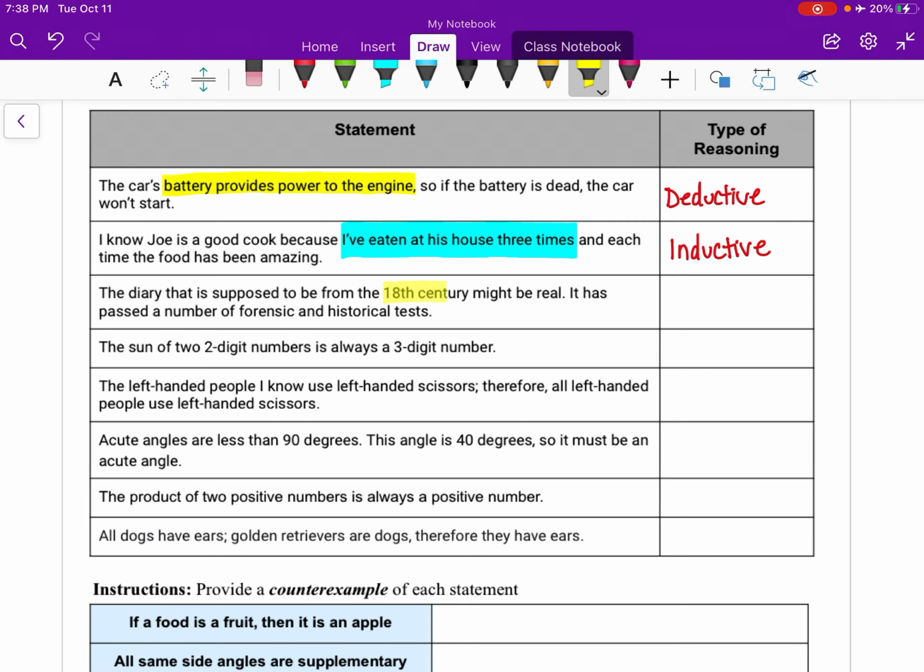This diary is from the 18th century. That's a fact. And it has passed forensic and historical tests. So, since it's from the 18th century and it has passed forensic and historical tests, then we can logically assume through deductive reasoning that the diary might be real.